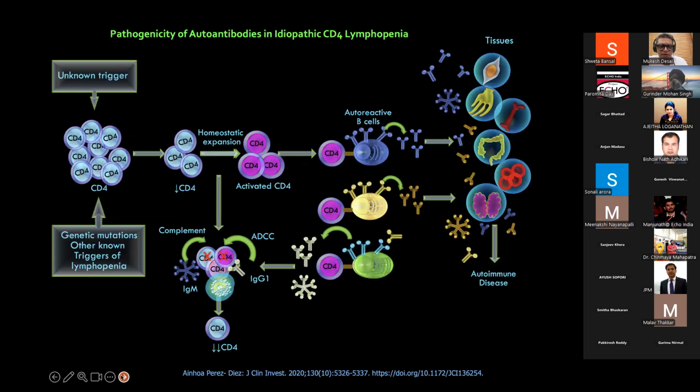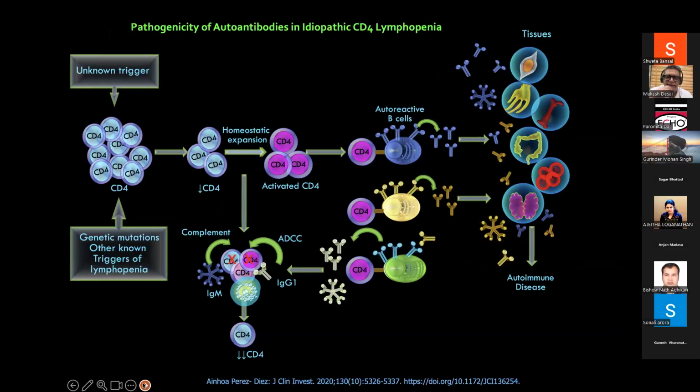Now, for all of us who suspect a lymphopenia, which is idiopathic CD4 lymphopenia, it might be interesting to know that we are focused on the neutrophils and platelets and the red cells, but lymphocytes also have autoimmune lymphopenia. Some of the causes of idiopathic CD4 lymphopenia are because of an antibody to CD4.